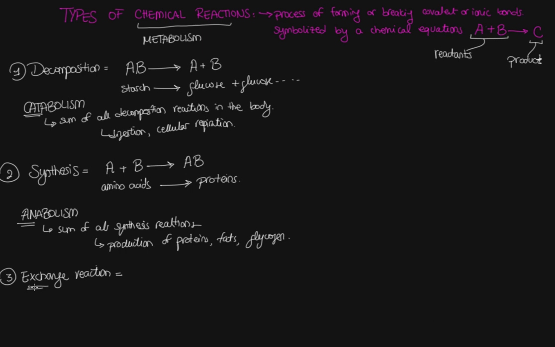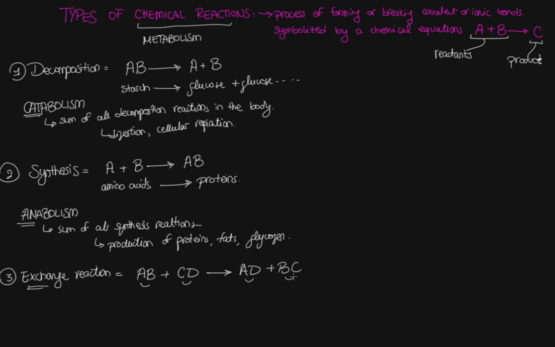And so the chemical equation that represents an exchange reaction can be something like AB plus CD can give rise to AD plus BC. So you can see here the bond between A and B was broken, bond between C and D was broken, and then new bonds were formed between new partners, AD and BC.